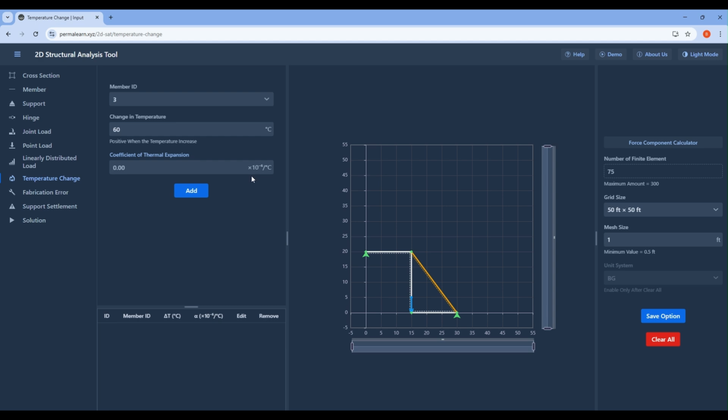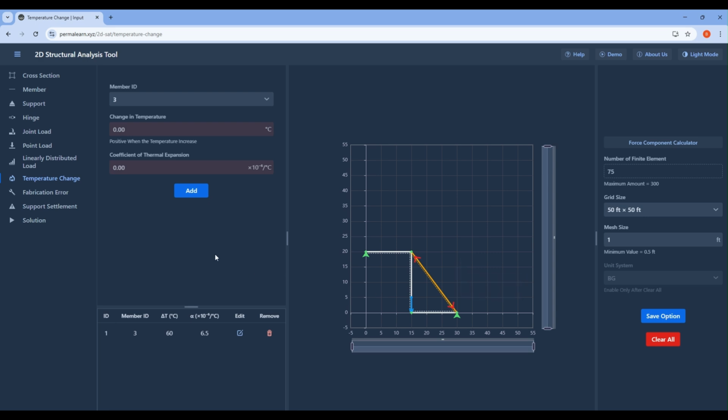We don't need to convert it to Celsius. So 6.5 10 power minus 6. Just click add, and then it will show this sign, which is the temperature change of 60 Celsius, and the alpha, the coefficient, is equal to 6.5 10 power minus 6.